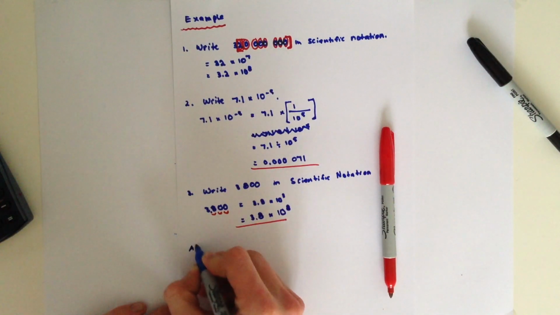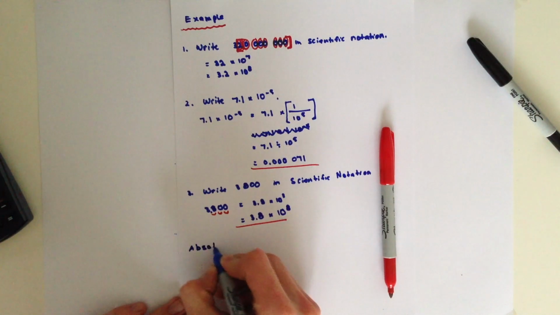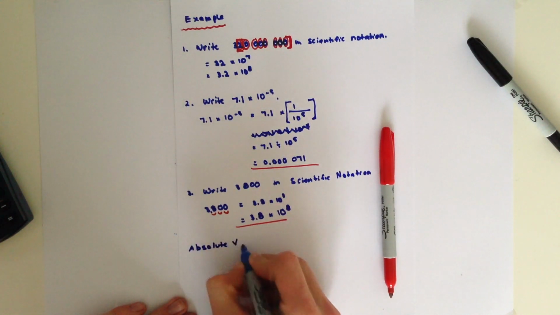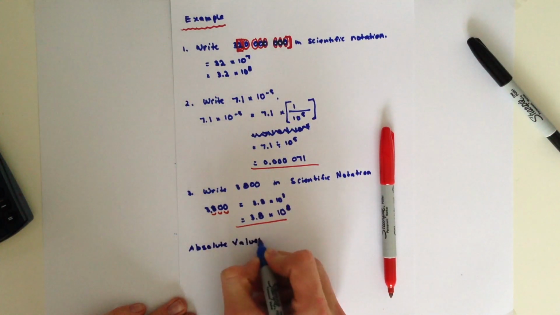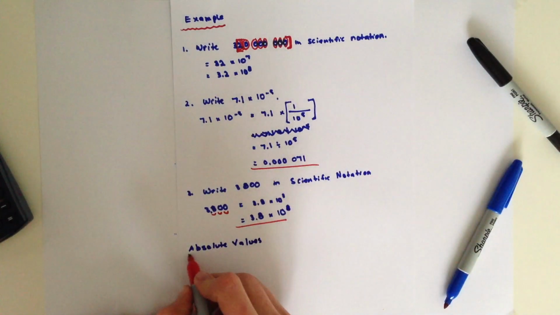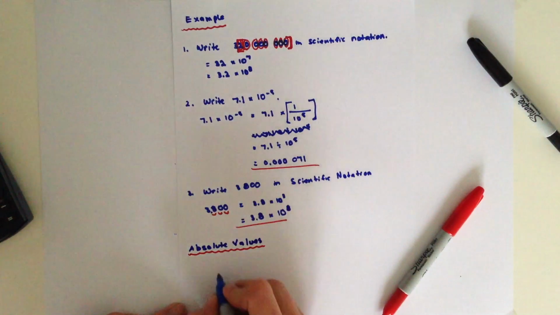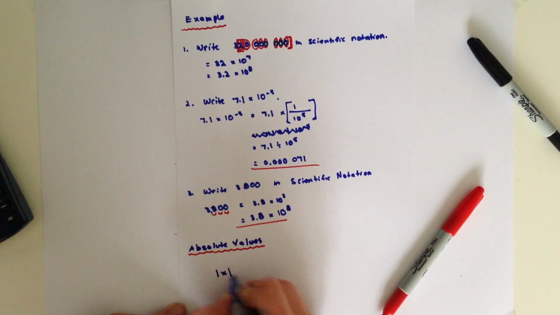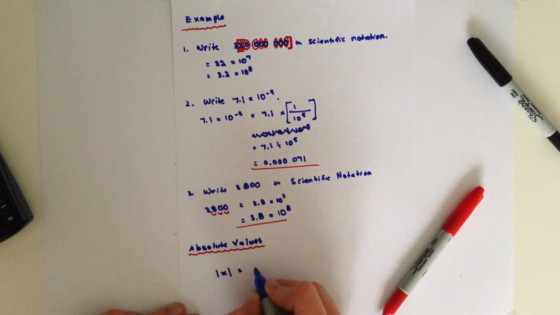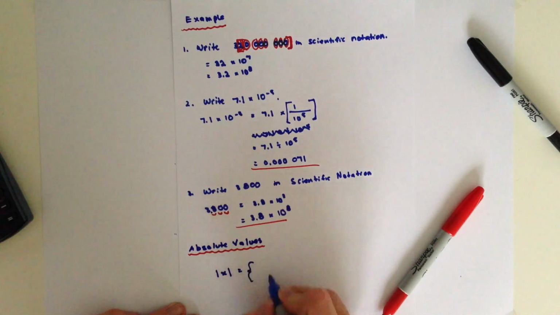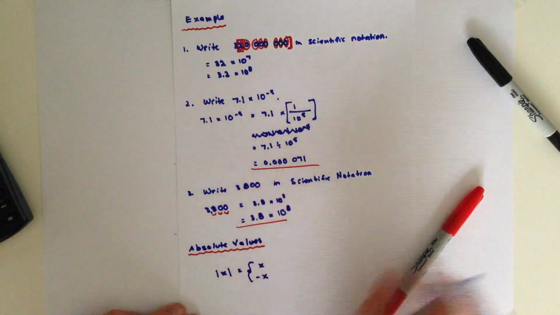Absolute values. The absolute value of x equals x or negative x.